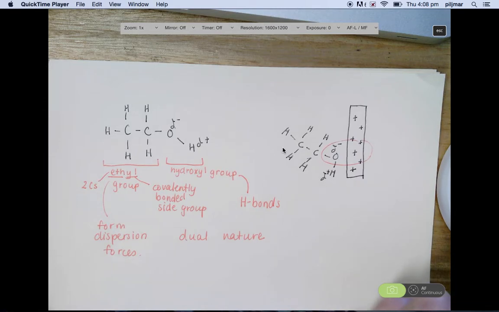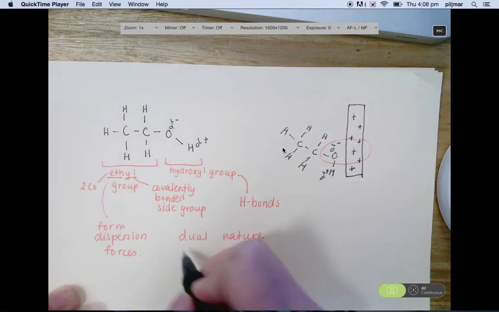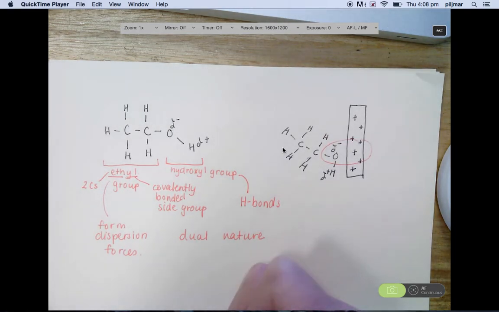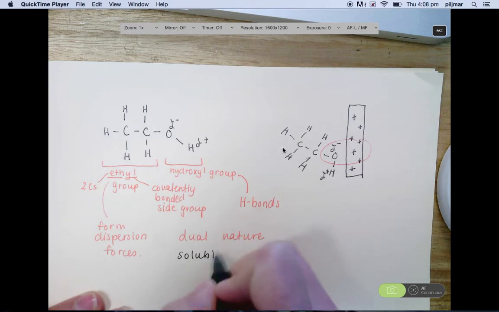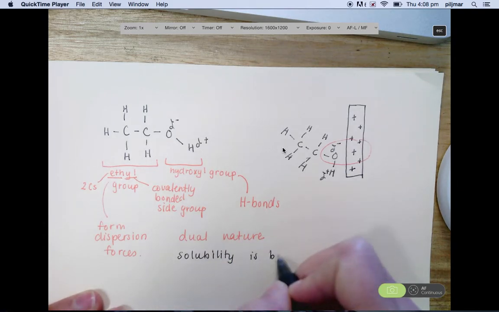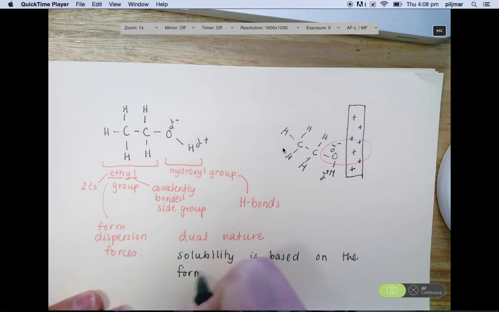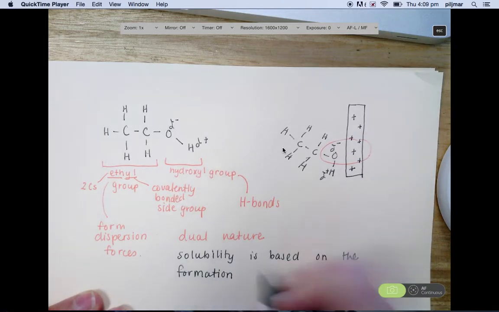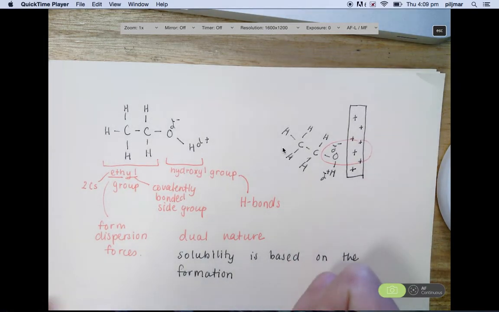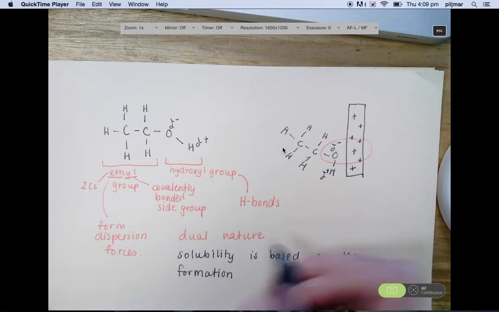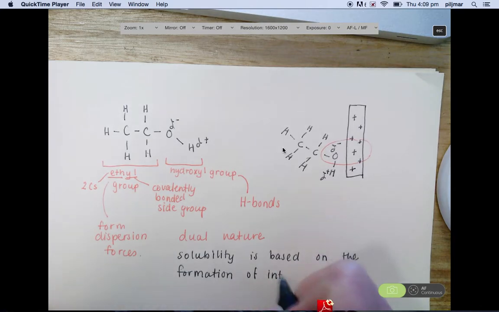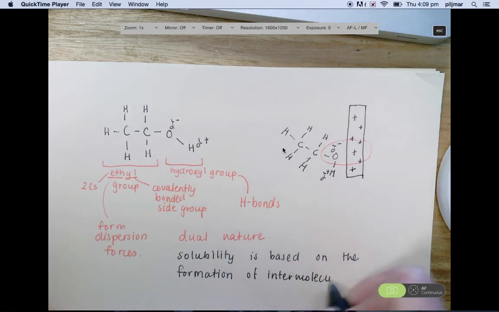So we're able to form two different types of intermolecular forces. And what else we know, hopefully from prelim, from our water topic, is that solubility is based on the formation of intermolecular forces. So in order for substances to dissolve, they need to have some sort of intermolecular forces between the two different molecules or substances. So that's important.